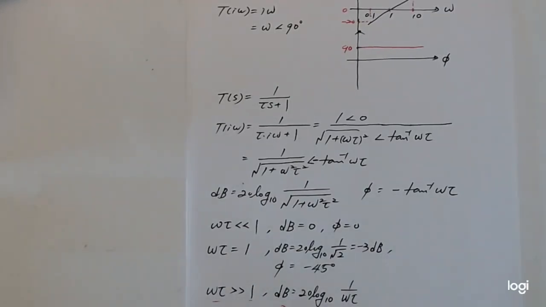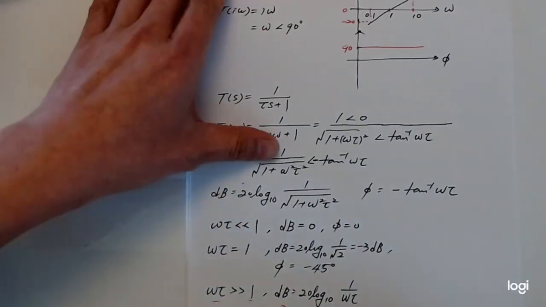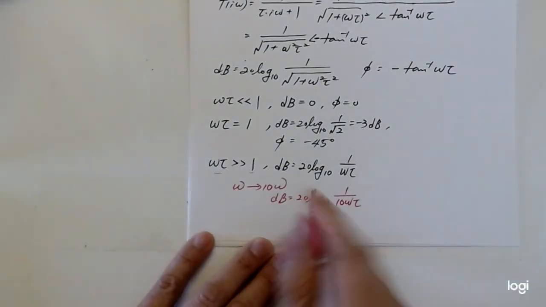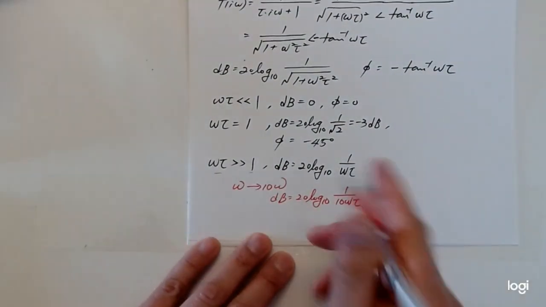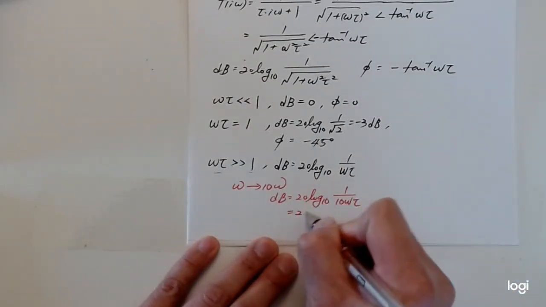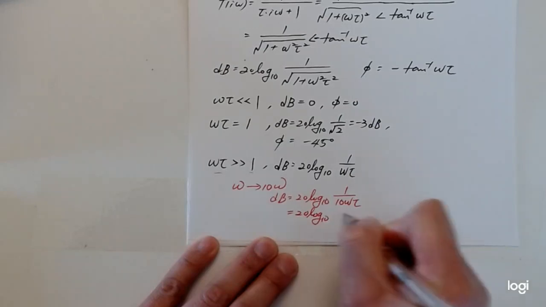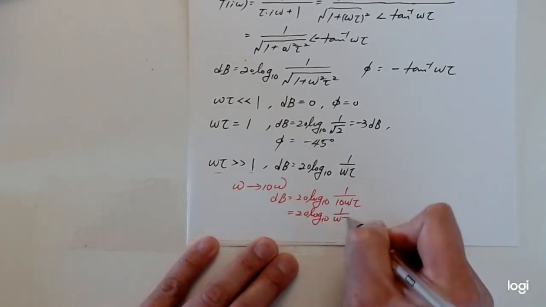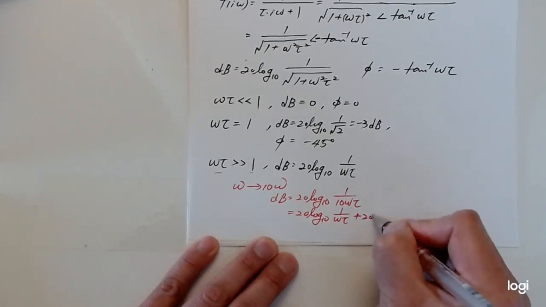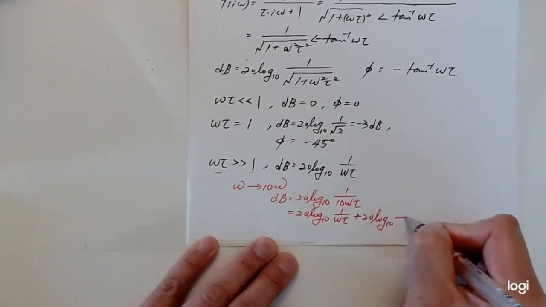So again, converting this into a summation, it will be 20 log of 1 over omega tau plus 20 log of 1 over 10.